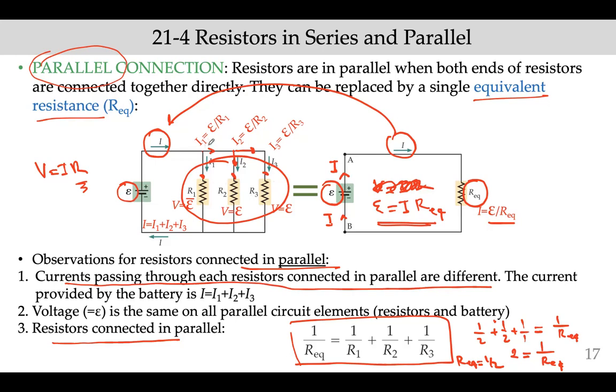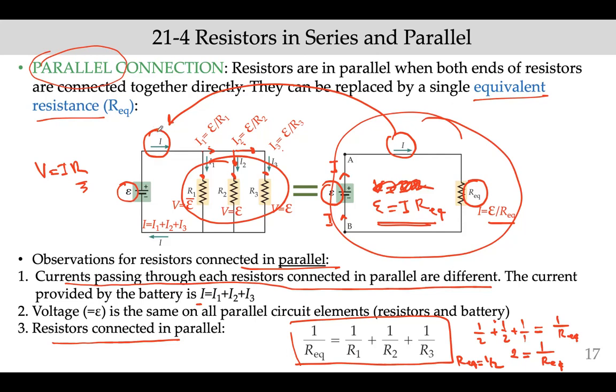So that's why we are using I1, I2, and I3. And the current provided by the battery will be I. So that I that we calculated by using equivalent resistance will be the I that's coming from the battery, provided by the battery.